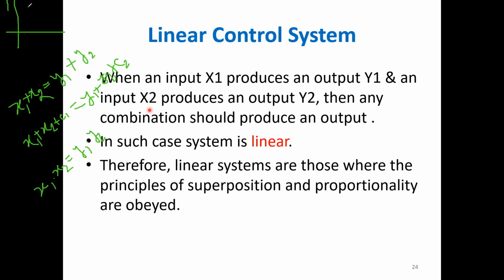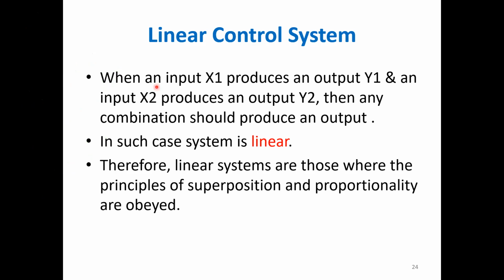Some parameters change linearly, something like that. If an input x1 produces an output y1 and an input x2 produces an output y2, then any combination should produce the corresponding combined output. In such a case, the system is linear.